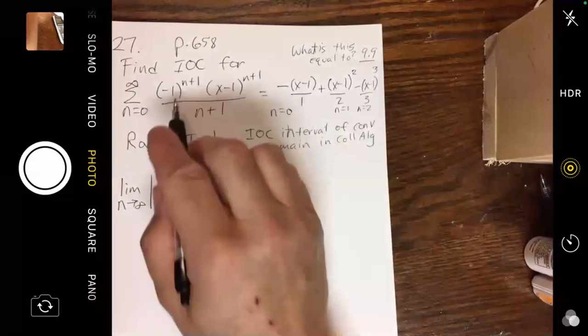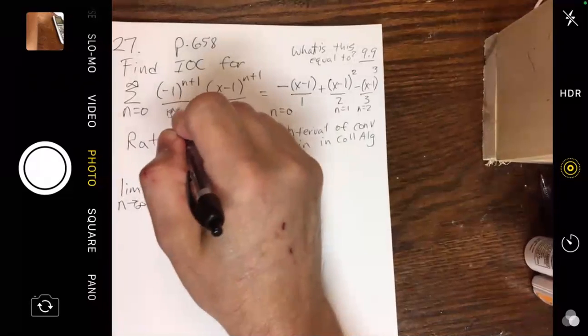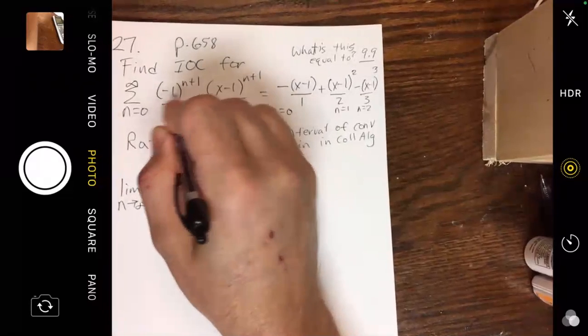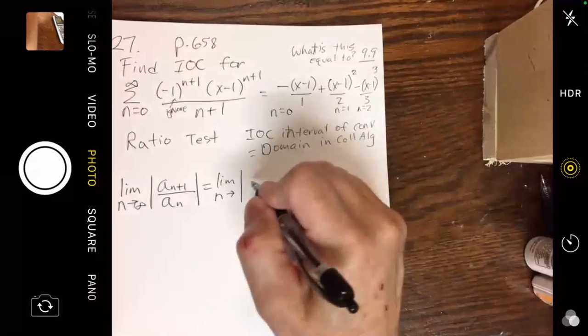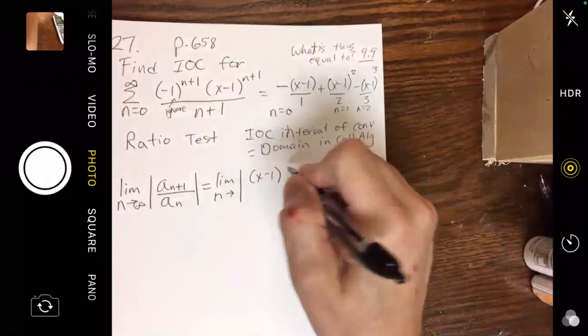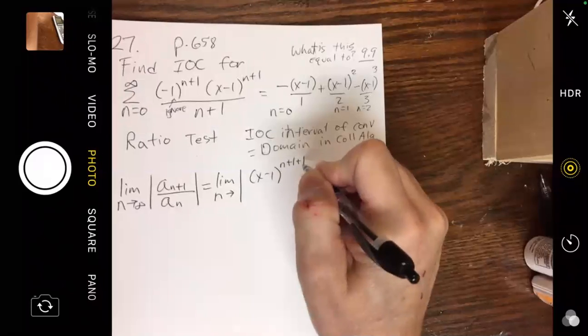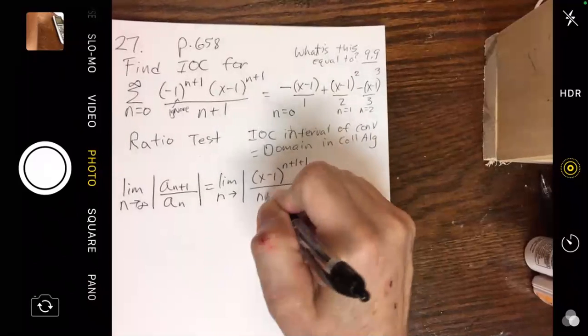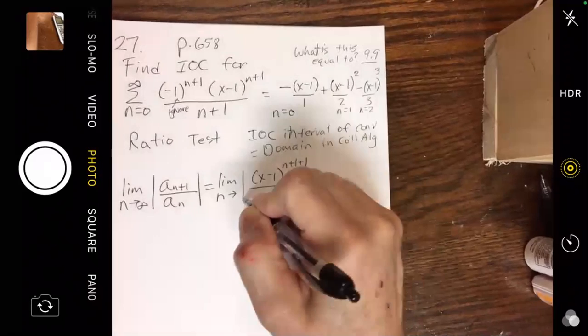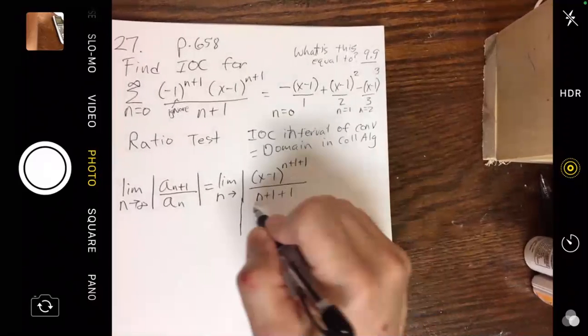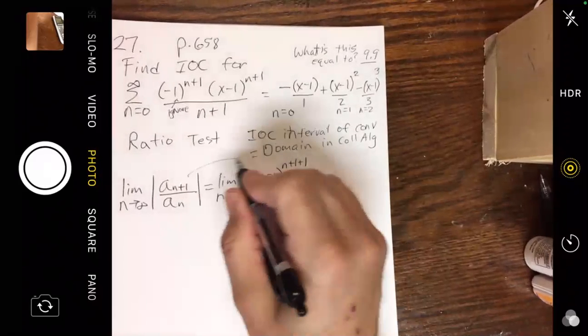Again, ignore the sign switching. So we're going to have (x minus 1) to the n plus 1 plus 1 over n plus 1 plus 1. I'll write it out. That is your a sub n plus 1.